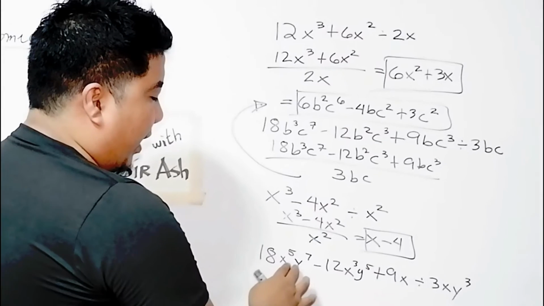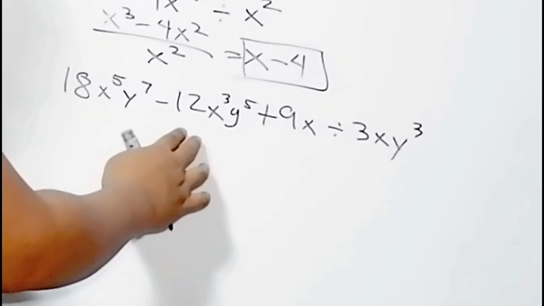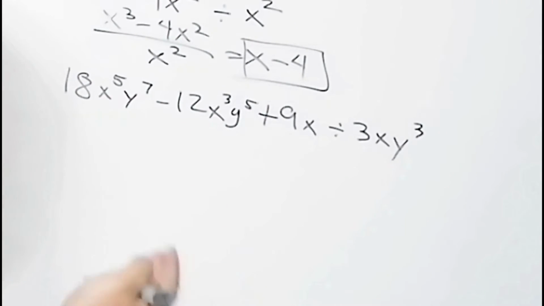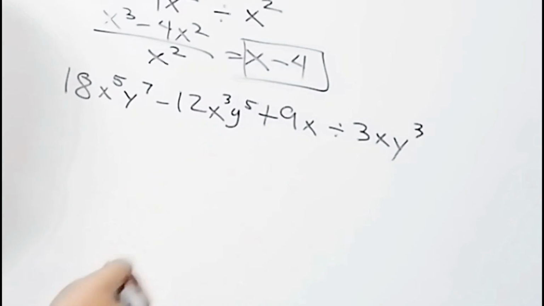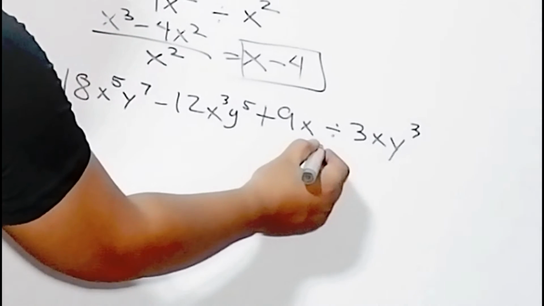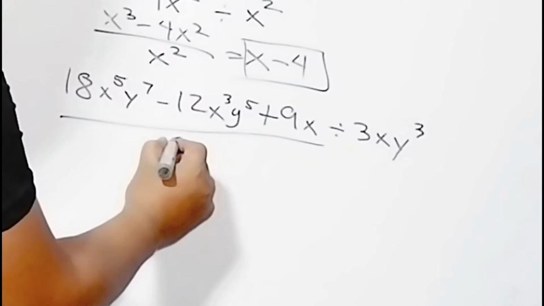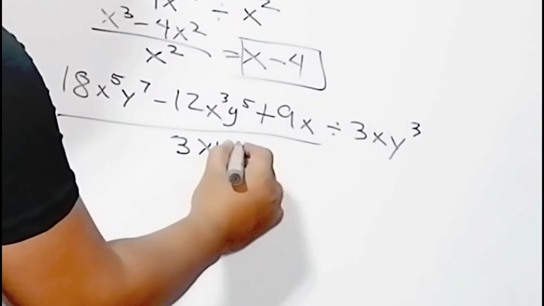We have 18x to the 5th y to the 7th, minus 12x cubed y to the 5th power, plus 9x, divided by 3x y cubed. To make it faster, I'll just make a fraction bar here, and then I'll put 3x y cubed.